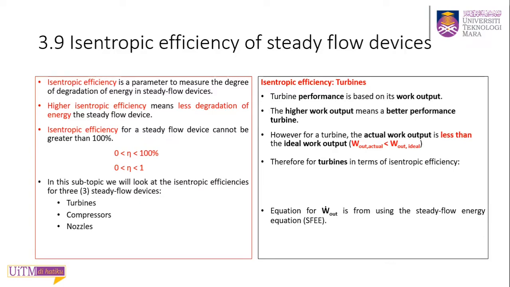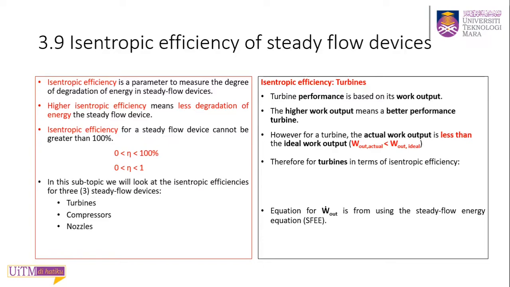For actual steady flow devices, the isentropic efficiencies are normally between 0 and 100%, or in a ratio 0 to 1. In this subtopic, we will look at how to develop and apply the isentropic efficiencies for three steady flow devices, which are turbines, compressors, and nozzles.